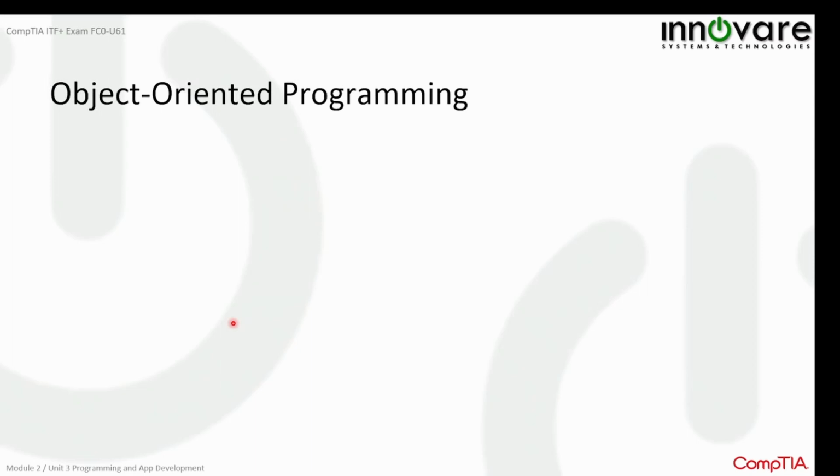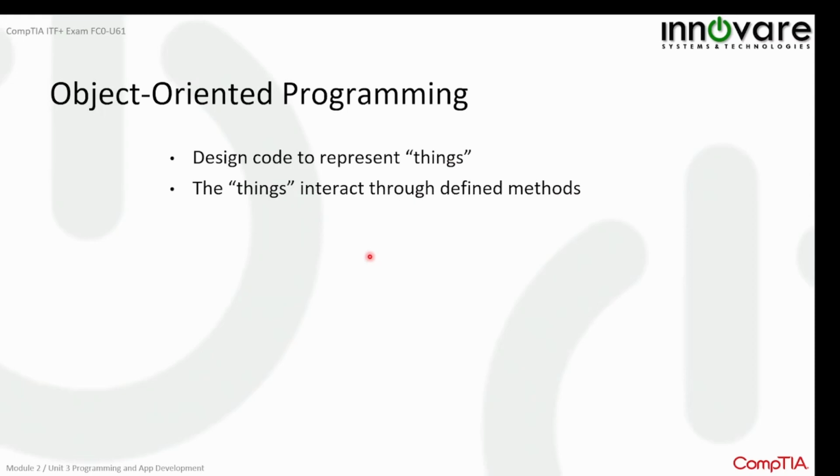And then, meron din tinatawag na object-oriented programming. This is programming software that actually, instead of lines of words and instructions, is represented by objects or things. So these things interact either to open a menu or to represent another pop-up window.